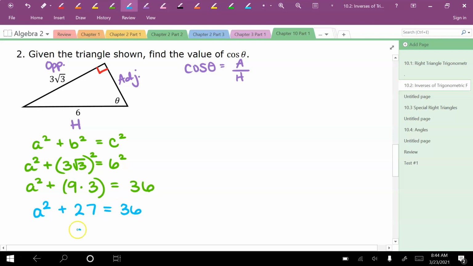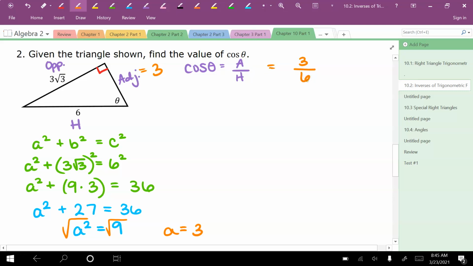What's 36 minus 27? 9. And what's the square root of 9? 3. So that third side is going to be equal to 3, and that's my adjacent side. So now I should be able to find cosine, because I needed that adjacent side, 3, and now it's over the hypotenuse, 6.